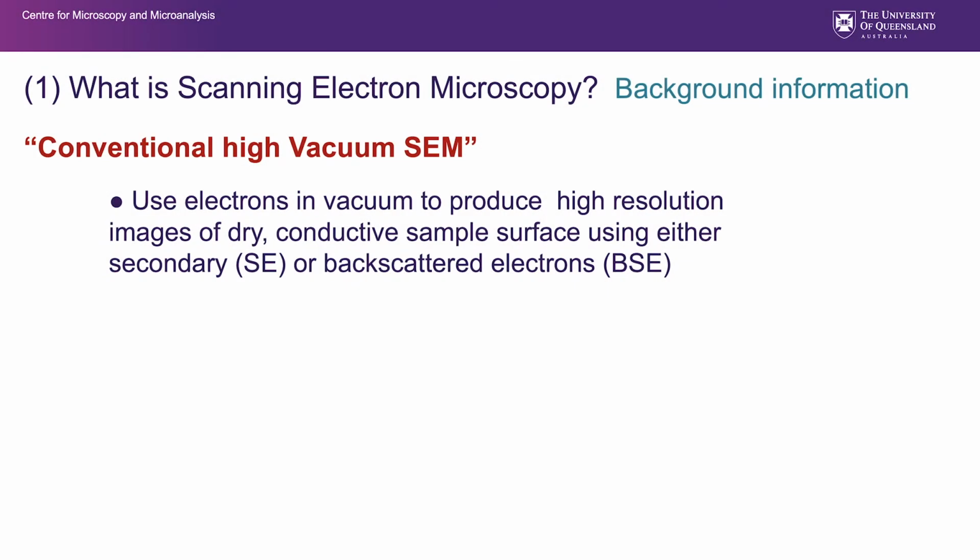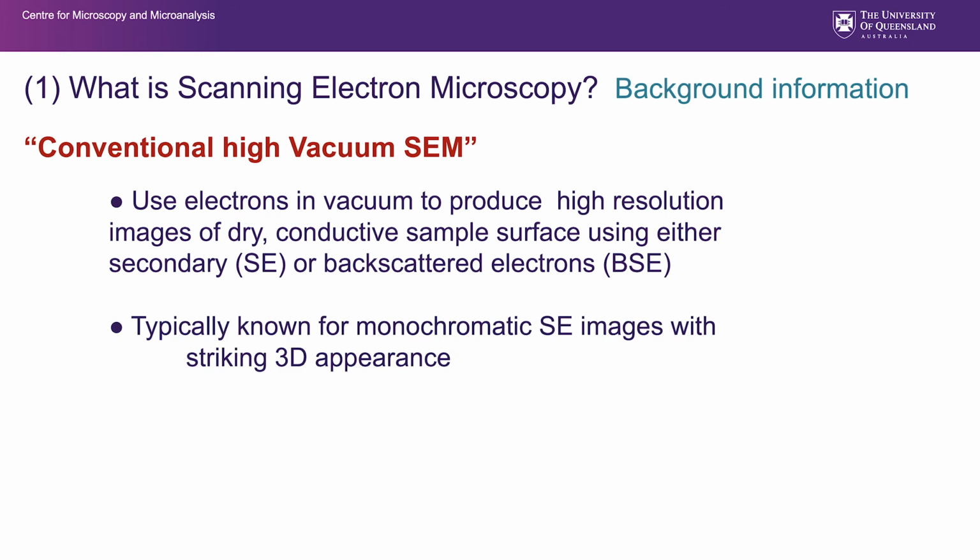We're using conventional high vacuum scanning electron microscopy. For that we use electrons in a vacuum, and we produce high resolution images of samples that have been dried, coated with metal to make them conductive, and we can collect signal from those samples using detectors that collect secondary electrons or backscattered electrons.